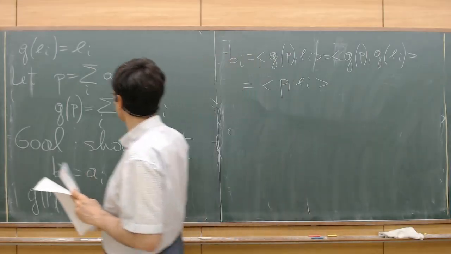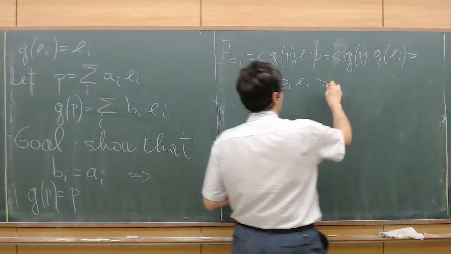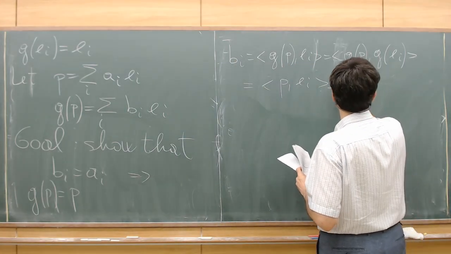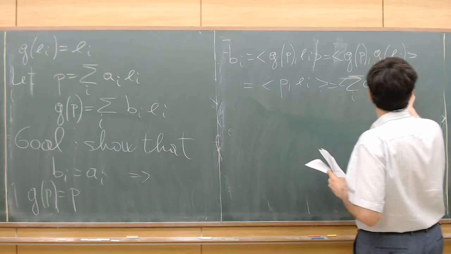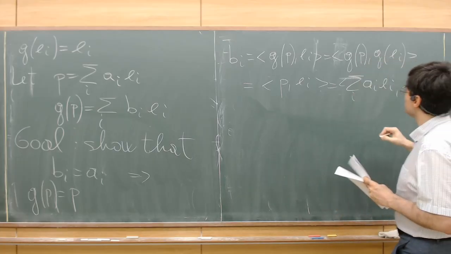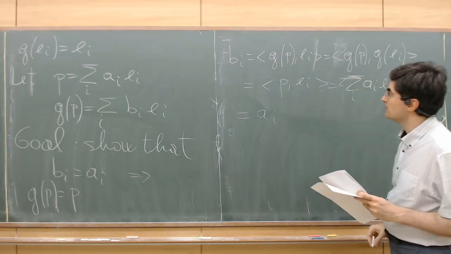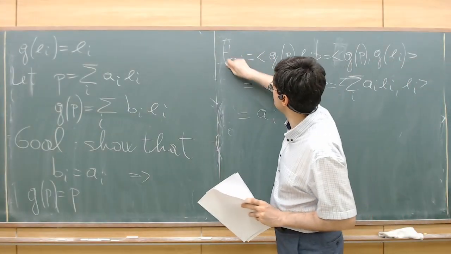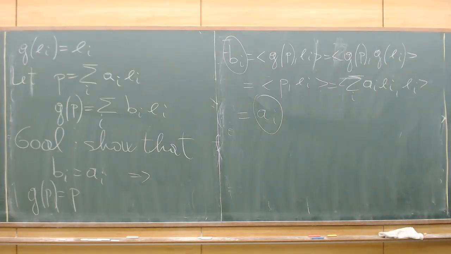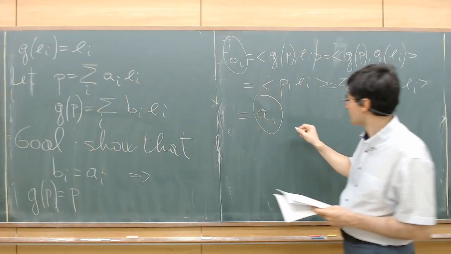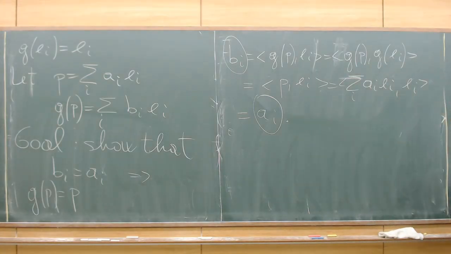But P is here, so what is P with Ei? It is the inner product of the sum of Ai Ei with Ei, so this is Ai. So we proved that Bi coincides with Ai. Okay.